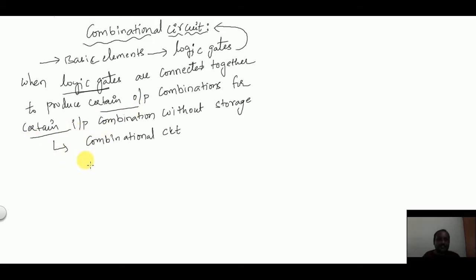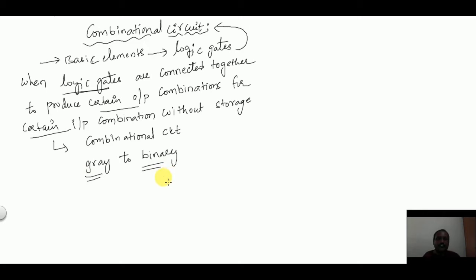So what does it mean? Suppose we take an example of gray to binary conversion. This we have learned when we were discussing the topic of codes. We have seen gray to binary conversion theoretically.